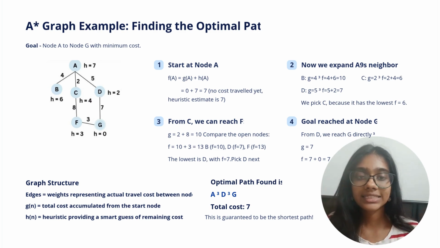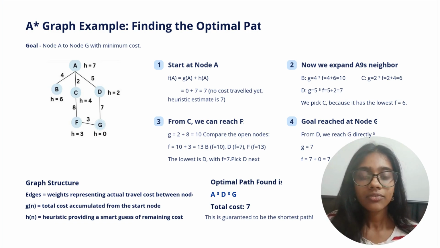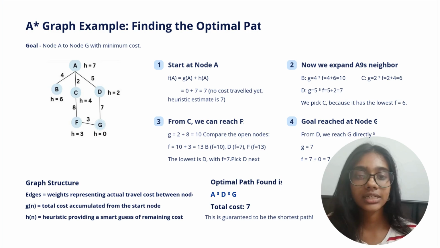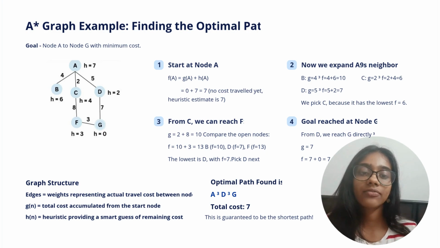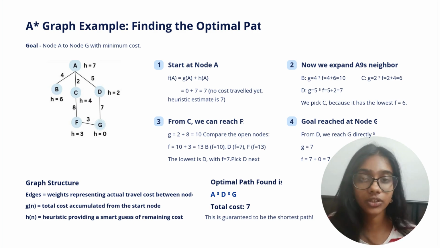We now pick C because it has the lowest value, which is f equal to 6. From C we can reach F. Here again we calculate g and f, and we get 10 and 13. Now we compare the open nodes. For B, f is equal to 10, for D, f is equal to 7, and for F, f is equal to 13.